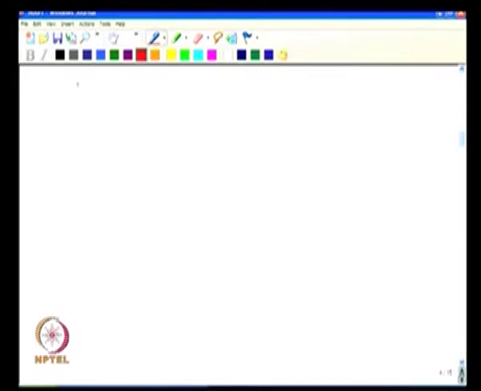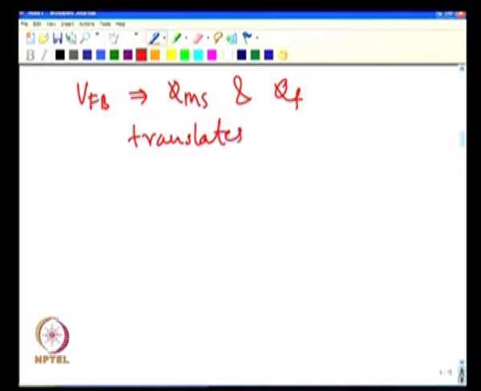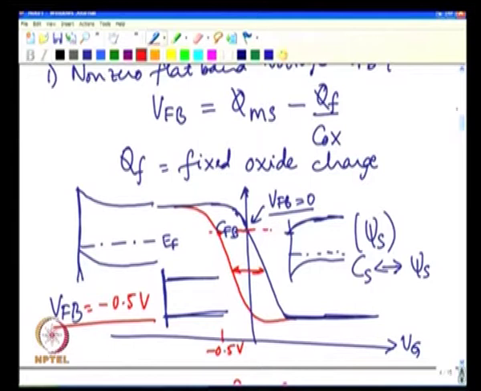Important point: VFB due to phi ms and QF translates the ideal CV curve, that is whatever you got based on your ideal CV characteristic, either to the left or to the right depending on whether your VFB is negative or positive.